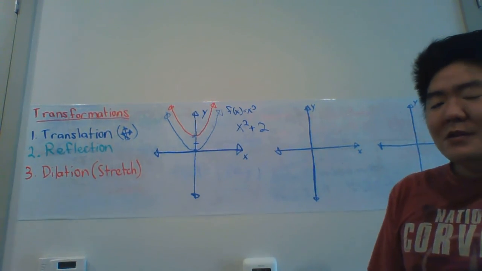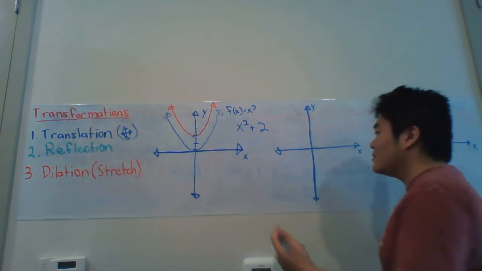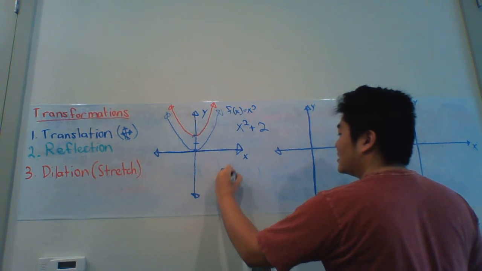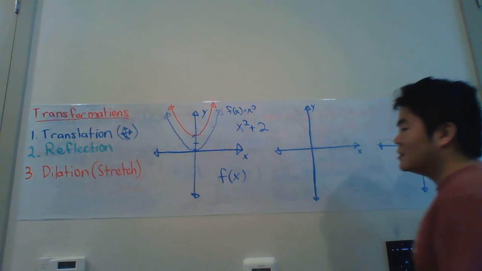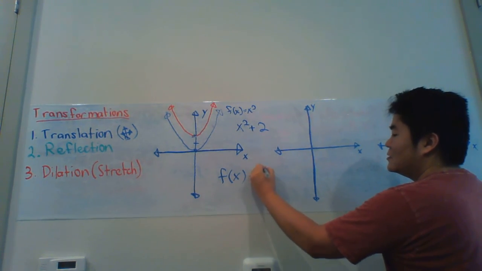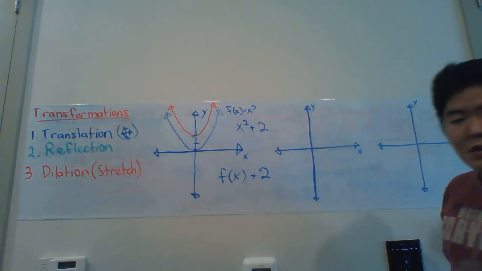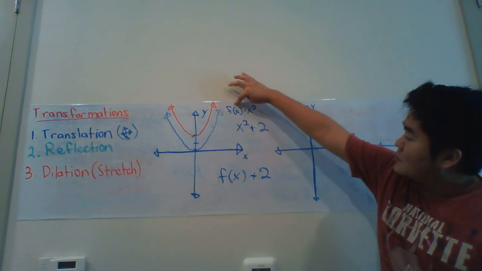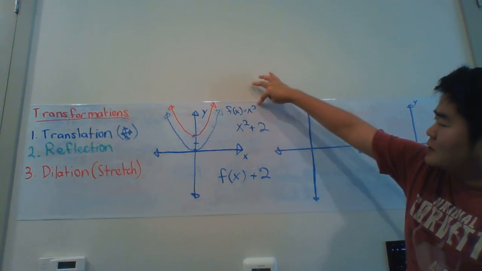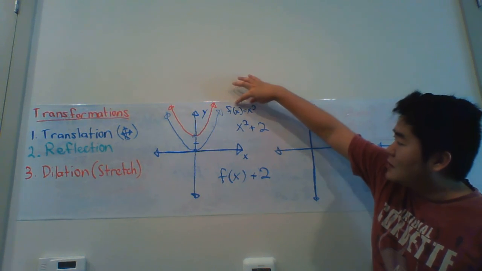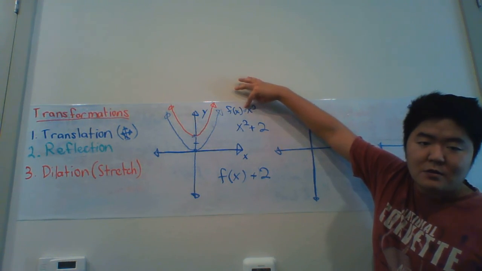There's another way to see it, okay? If you want to generalize it to all functions, what you're going to see is something like f of x plus 2. What does this mean? It's saying, well, I told you that f of x is equal to x squared, so they're the exact same thing. These two are the same. That's what an equals sign means, right?